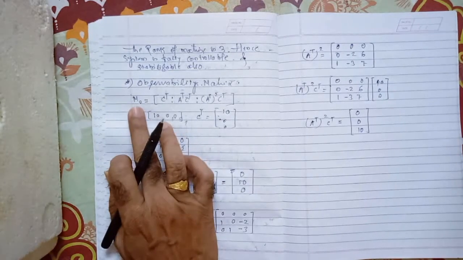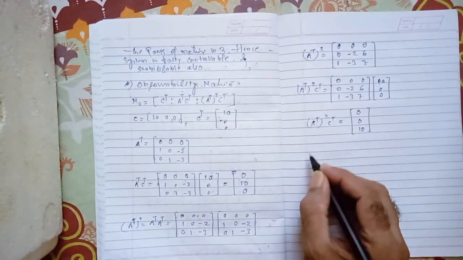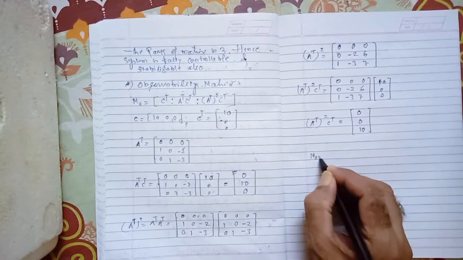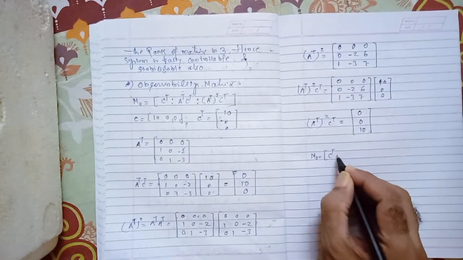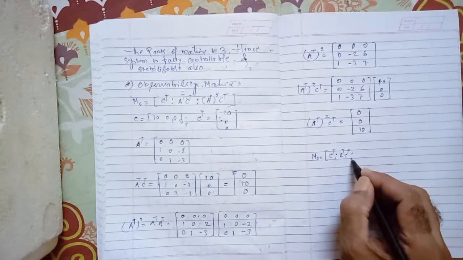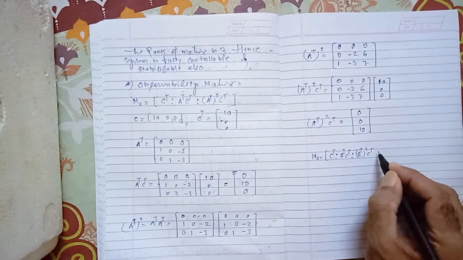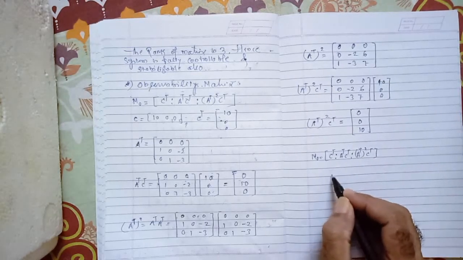Now we will write down the observability matrix. That is M0, it is equals to C transpose, A transpose C transpose, then A transpose square C transpose.